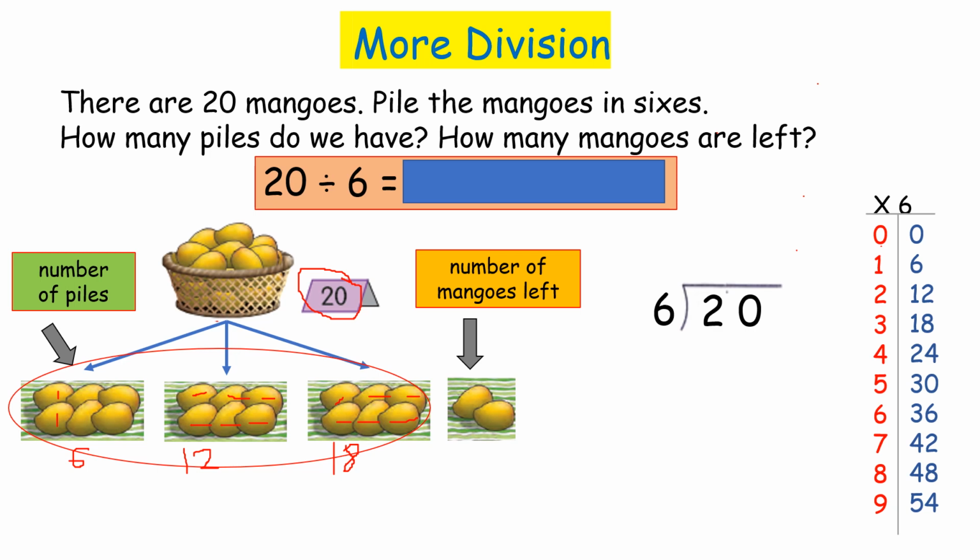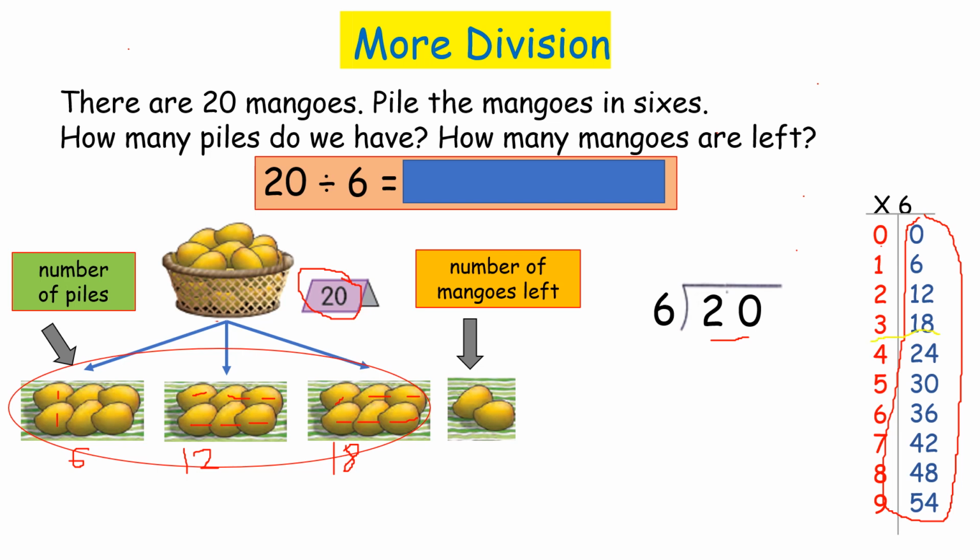Then we start to do the division. Look at the number here. The number here is 20. Find the 20 in the numbers in the blue color here. But there is no 20. If there is no 20, find the number that is less than 20. 18 is the number that is less than 20.